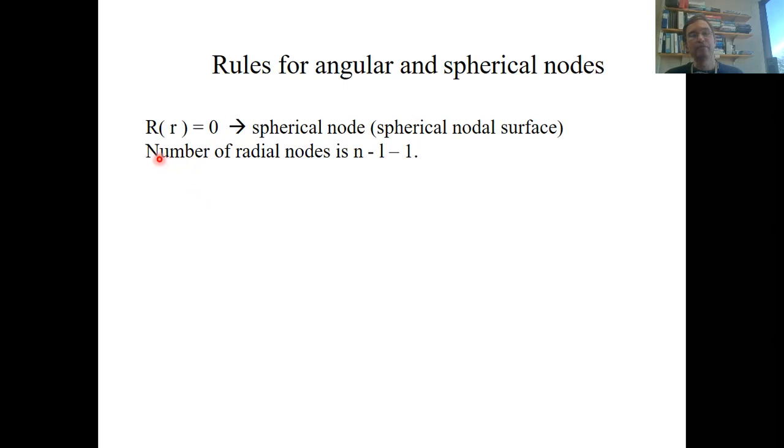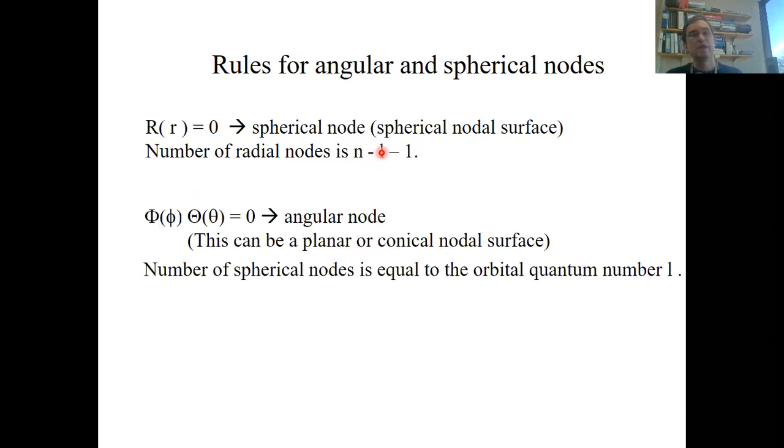Generally, the number of radial nodes is given by the formula n minus L minus 1. So n is the quantum number n, and L is the quantum number L. And the number of angular nodes is just equal to the quantum number L.